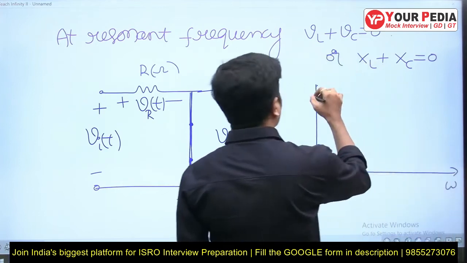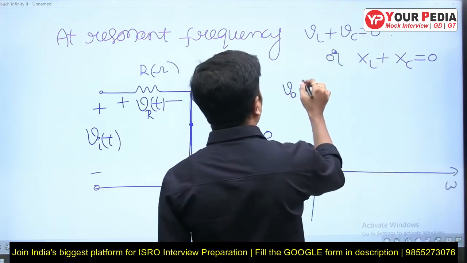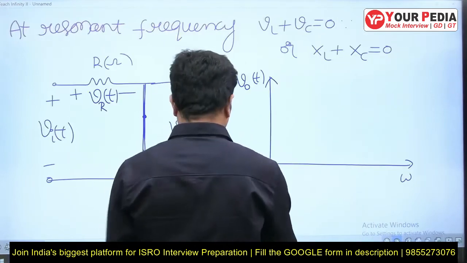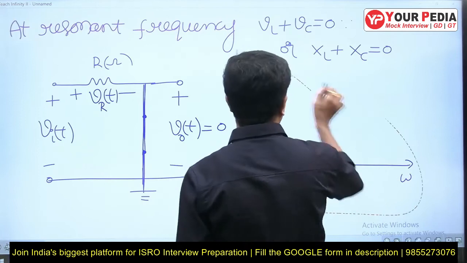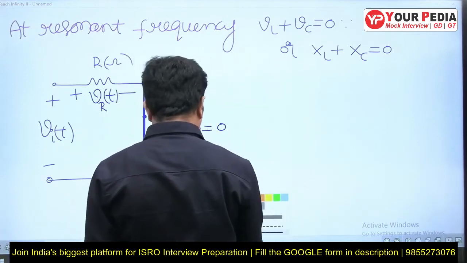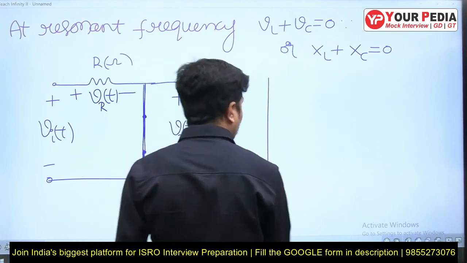Now let me draw the frequency response characteristics. This is omega, this is V naught of t. Observe it carefully. This particular graph will give you complete clarity about what kind of filter it is.